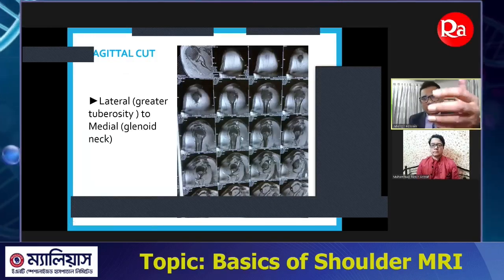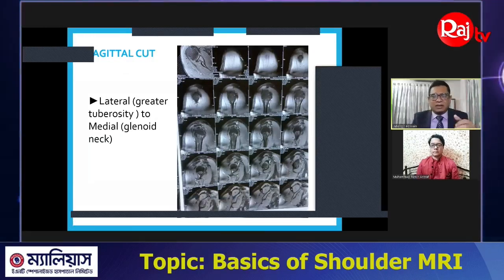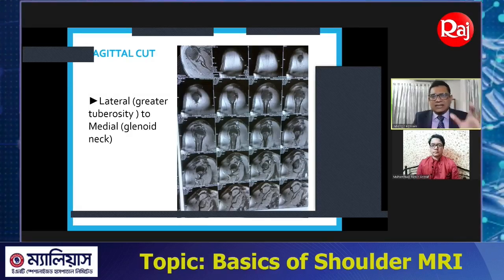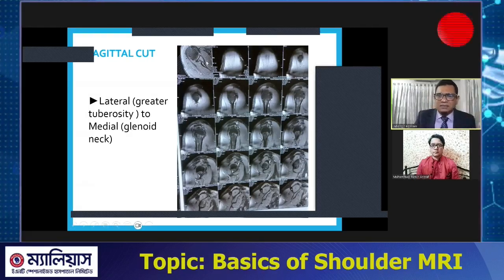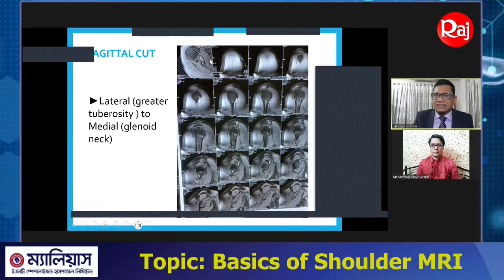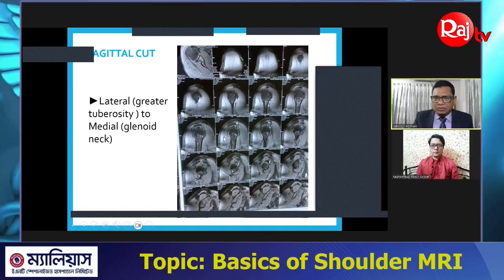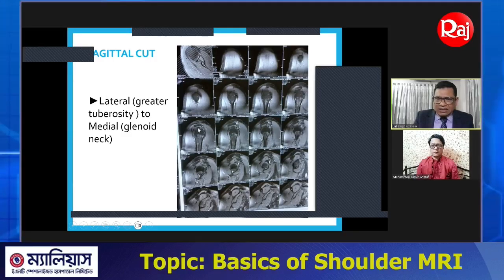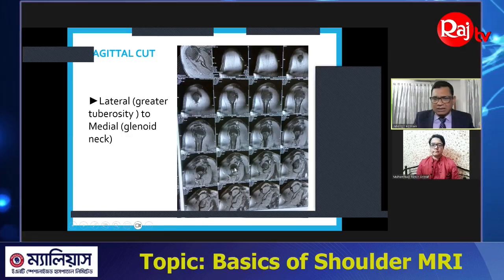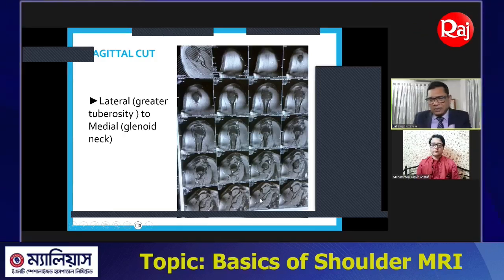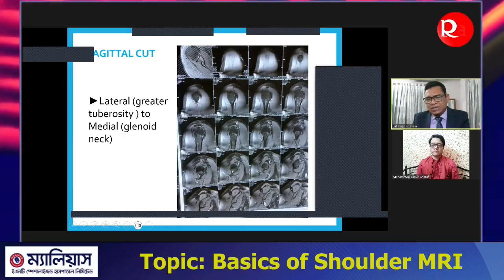If we put up a total film of the MRI of the sagittal cut, it starts from the lateral, that means at the greater tuberosity of the humerus, and then comes to the humeral head, then up to the glenoid fossa, and the last film you can see is at the glenoid neck level.